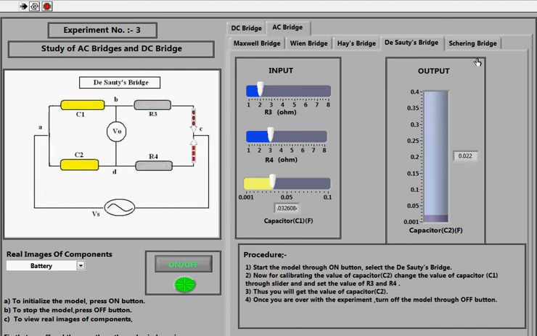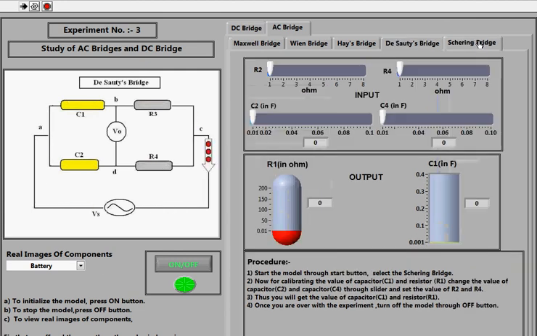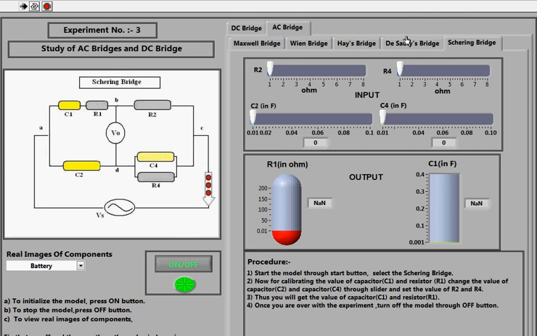Input the values of R2, R4, C2 and C4, and correspondingly you will get the values of capacitor C1 and resistor R1.